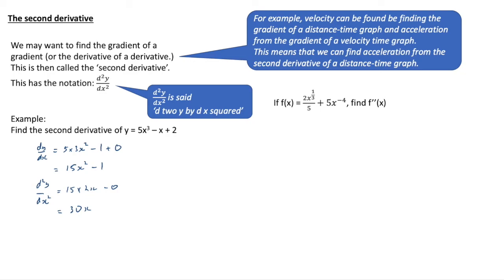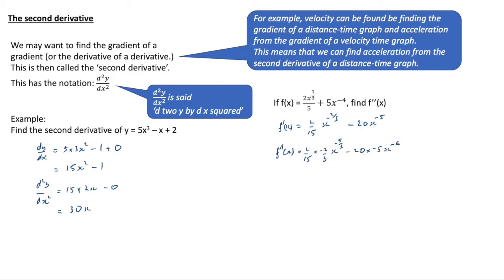Another example, slightly more complicated, and this is our example from before. So we have f of x equals 2x to the third over 5 plus 5x to the minus 4. So we already know that the first derivative is 2/15 x to the minus 2/3 minus 20x to the minus 5. So we then differentiate that again.